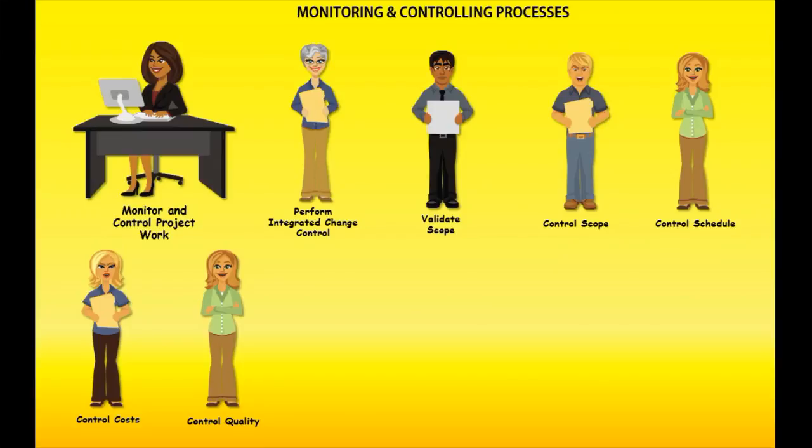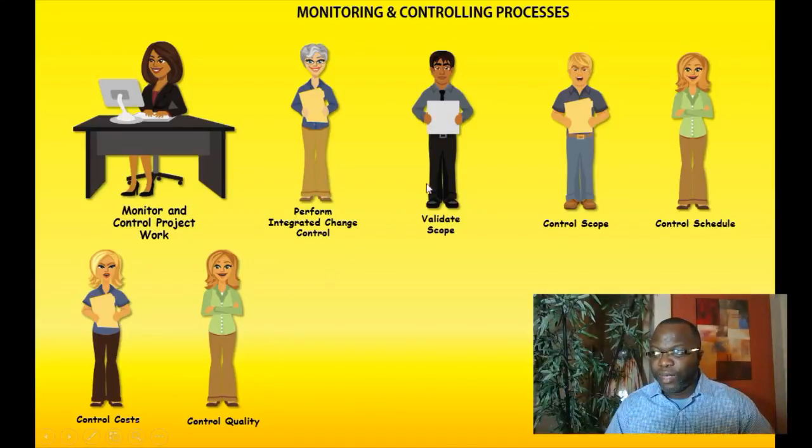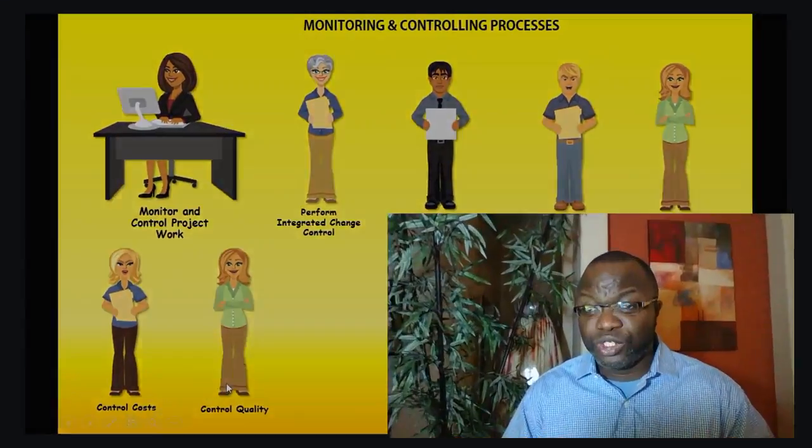Now, if it is fit for use, you then send that deliverable to your customer in validate scope. Control quality, I'm checking my deliverable. Validate scope, my customer is checking the deliverable. Me, my customer. Do you get the relationship? So control quality actually happens before validate scope. Okay? Very important to remember that.